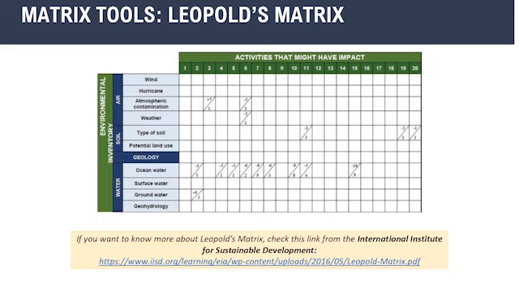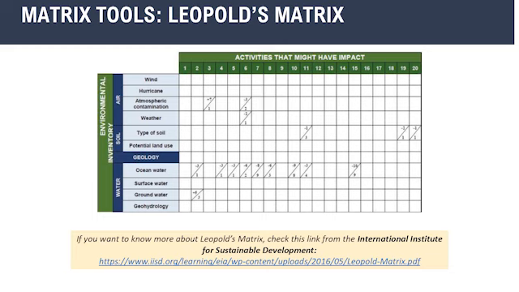Then we have a subjective assessment of the importance or the intensity of the impact, also on a scale of 1 to 10. Both values are placed in the corresponding box, in the top left and in the bottom right respectively, and then they are multiplied.